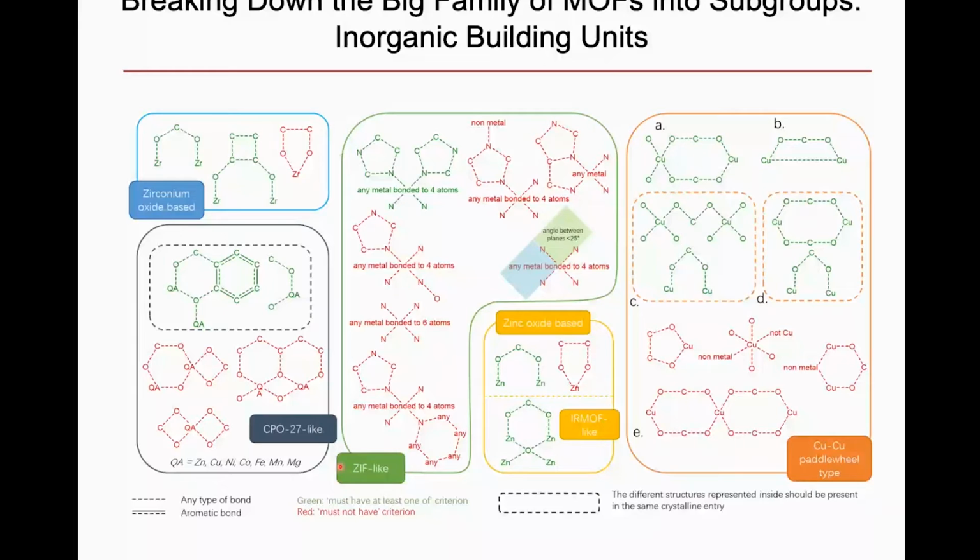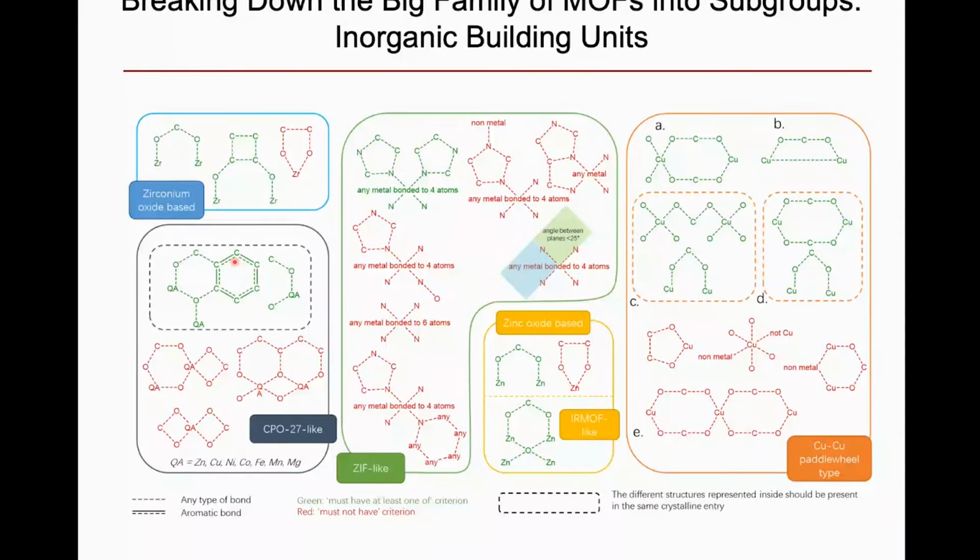So here in this slide, the green and red diagrams include basically the search queries that we developed in ConQuest that are labeled as must have and must not have for specific building blocks and their bond arrangement. So as you can see, we developed search criteria for 6 prototypical MOF families that are well studied in the literature.